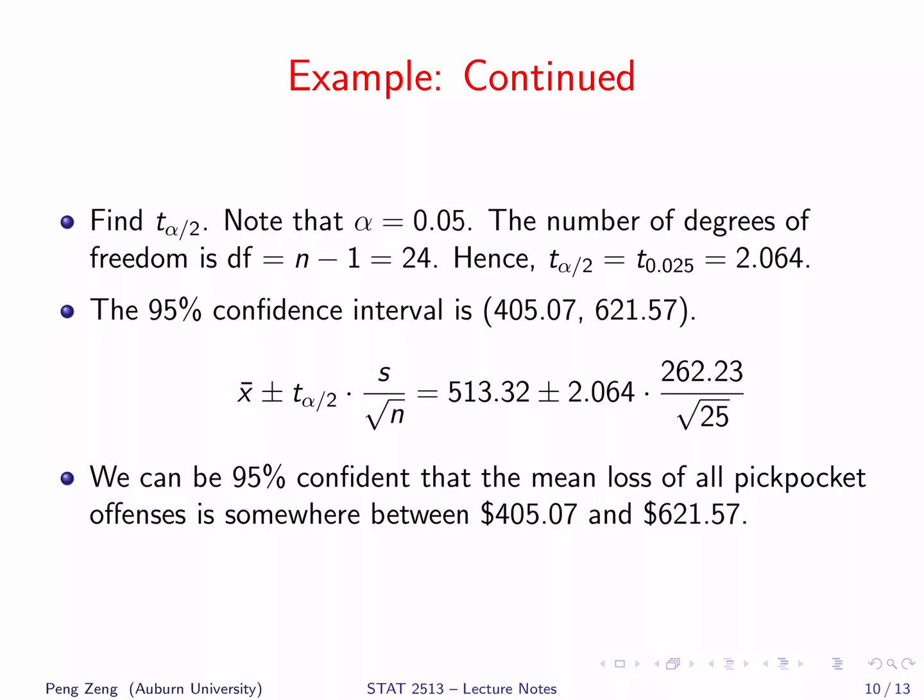We can see that the t-interval procedure and the z-interval procedure are very similar. We just replace the unknown sigma by the sample standard deviation and replace z alpha over 2 by t alpha over 2.